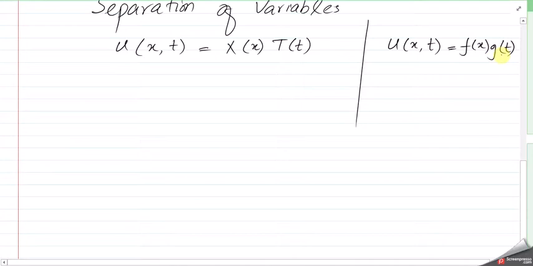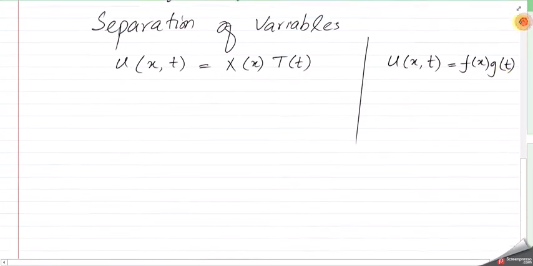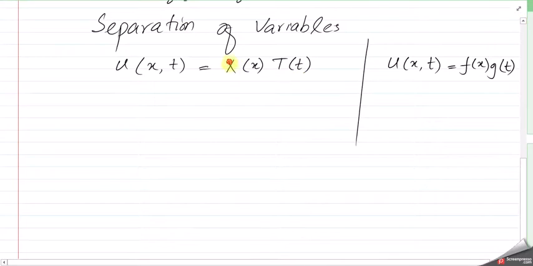We can use f of x and g of t, but traditionally at this point books use capital X for the function of x and capital T for the function of small t. So that's what we will use. So capital X is like f here and capital T is like g here. So they are the functions, and small x and t are the variables.